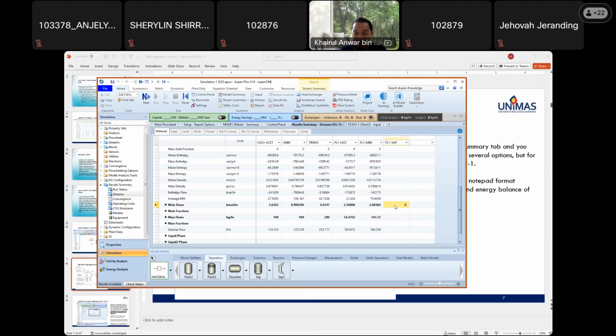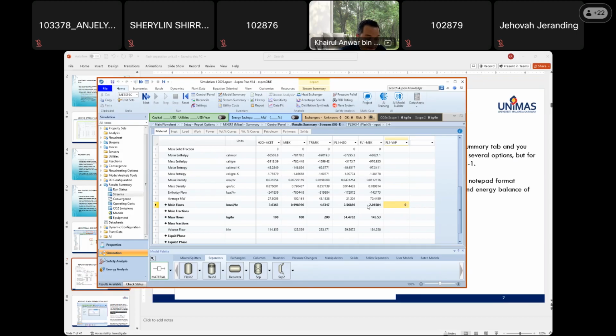You see zero. But the goal is to check the gas fraction for the FL1 H2O stream.